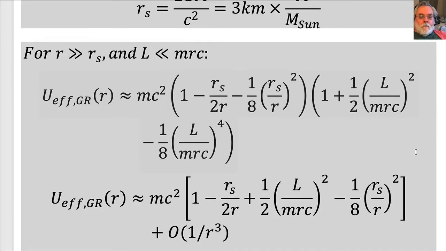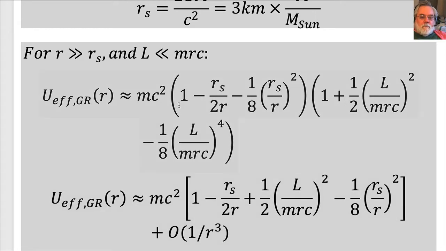If we group them and we ignore the terms whose radial contribution is going to be 1 over r cubed and 1 over r to the 4th and so on, we get 4 terms inside the square brackets.